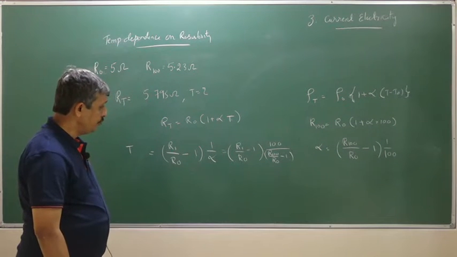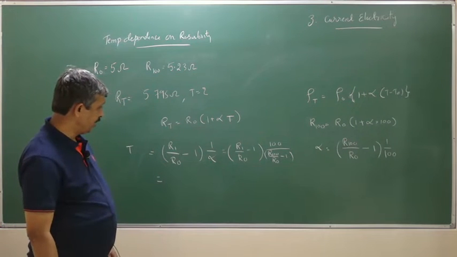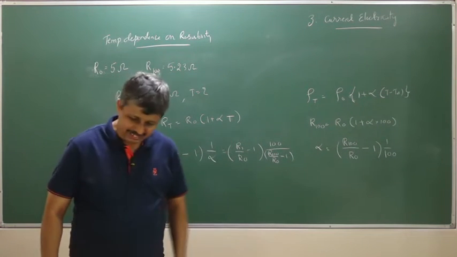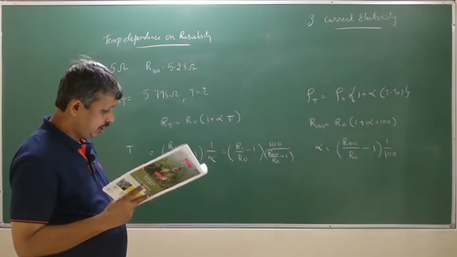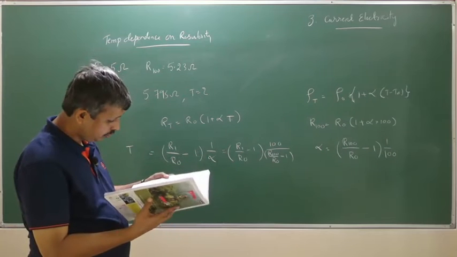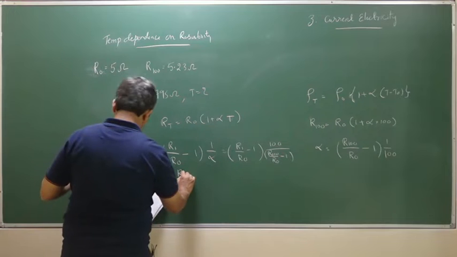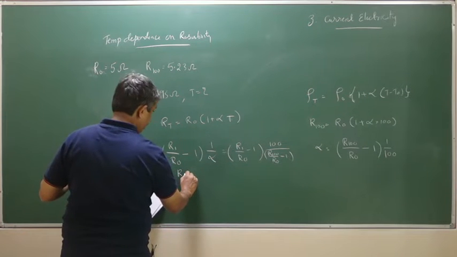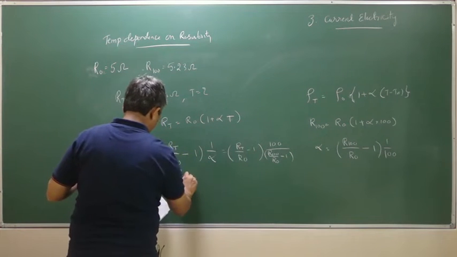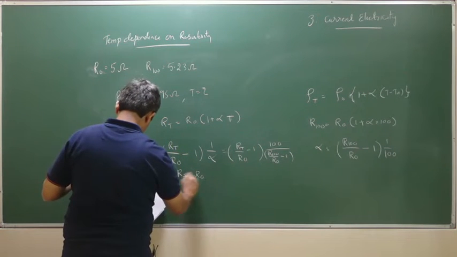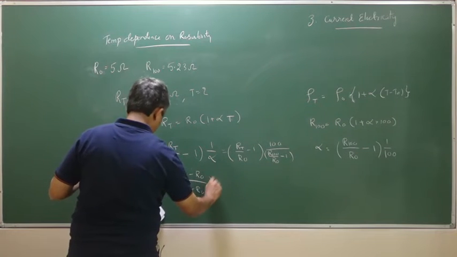Now this can be simplified. Take the LCM and cancel things, and you will get a very straightforward answer. So let me directly write what I got: T is equal to (RT minus R naught) divided by (R100 minus R naught), into 100.